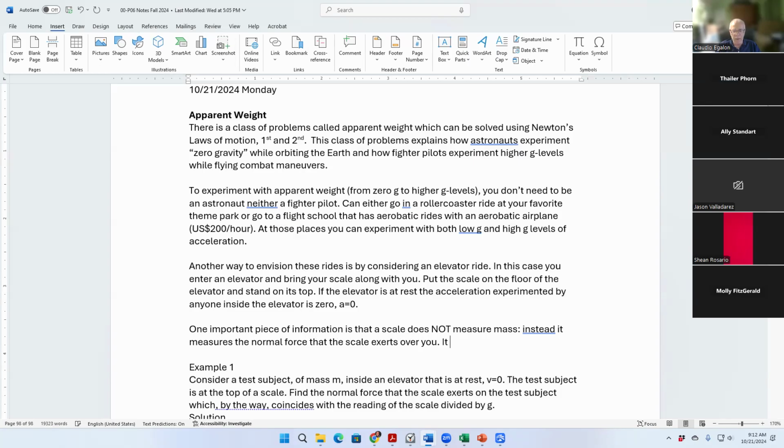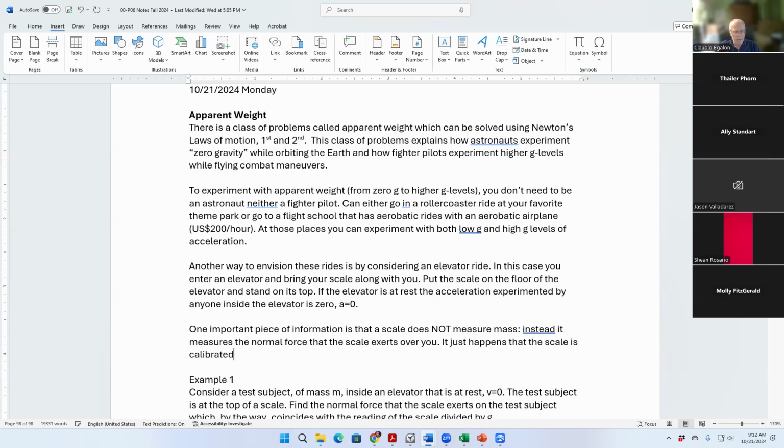It just happens that the scale is calibrated to show your mass, which is equal to the normal force N divided by g.